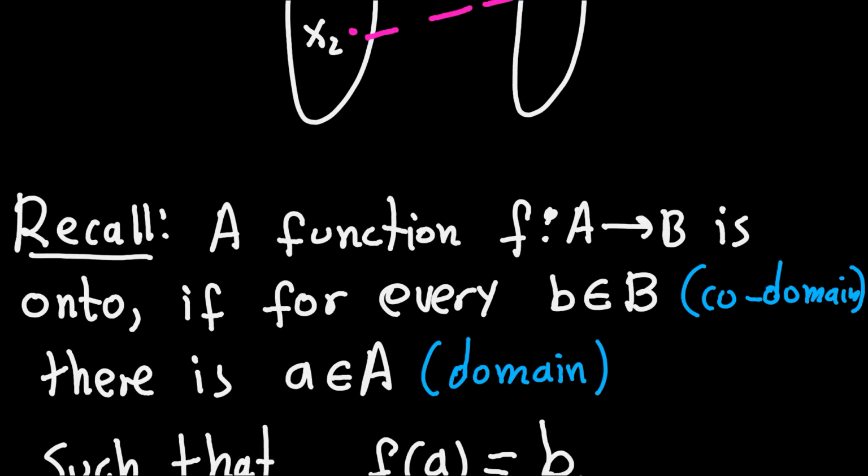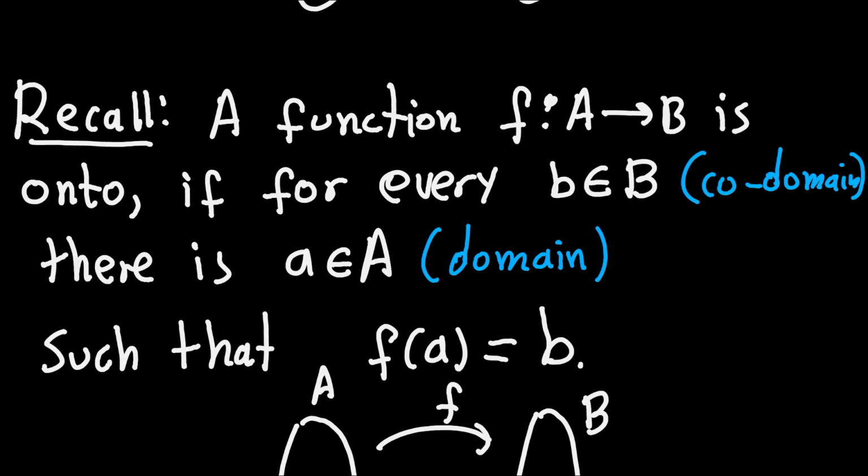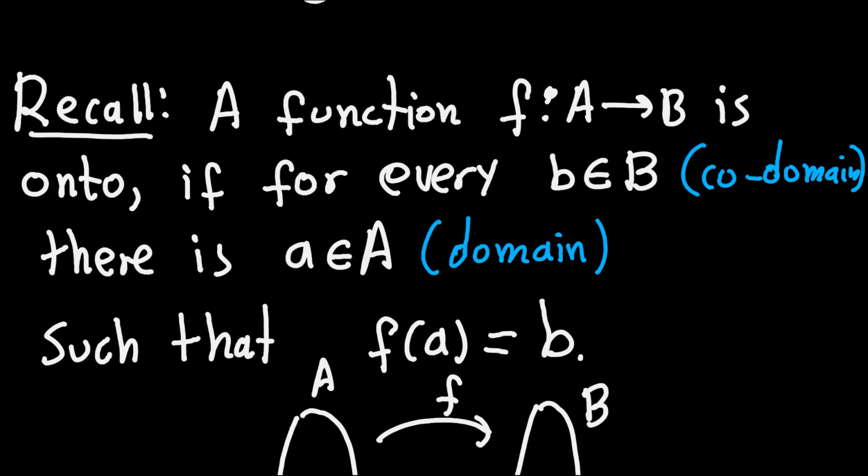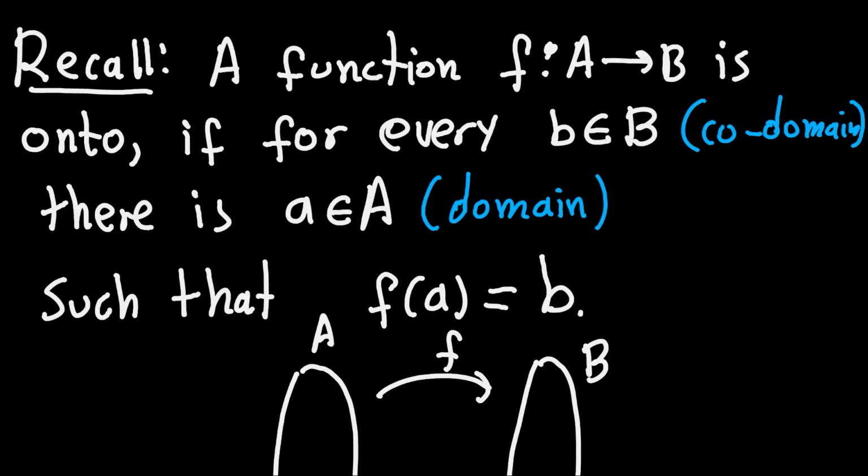So let's go into the definition of onto. We have again a function from A to B. We're going to say that the function is onto or surjective if for every element in the codomain, for every b in capital B, there is an element in the domain, an element a, so that f evaluated at a gives me exactly b.